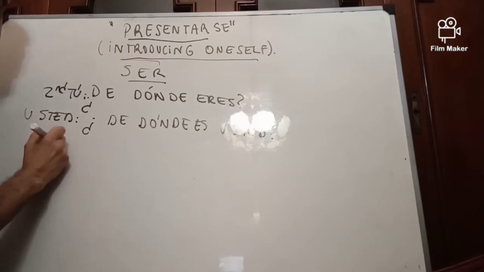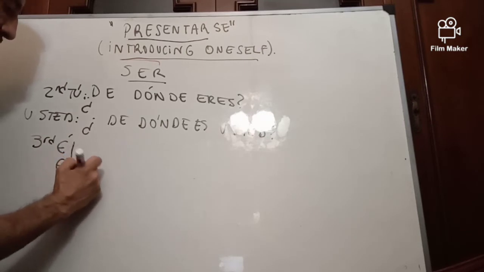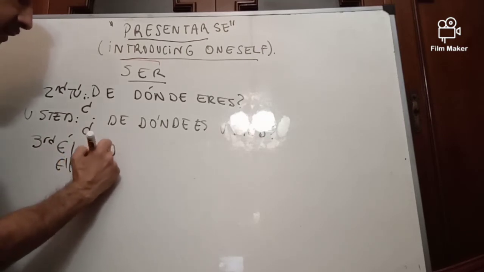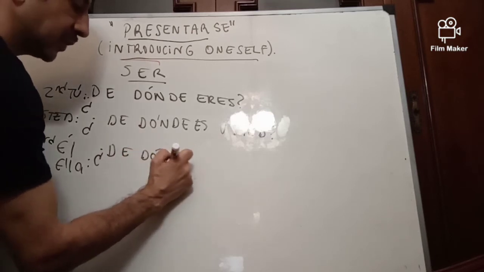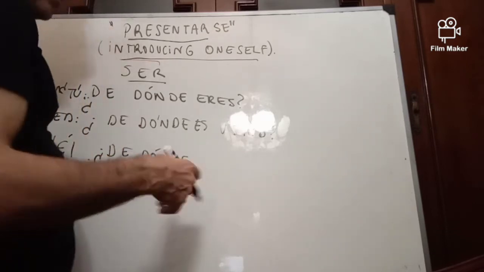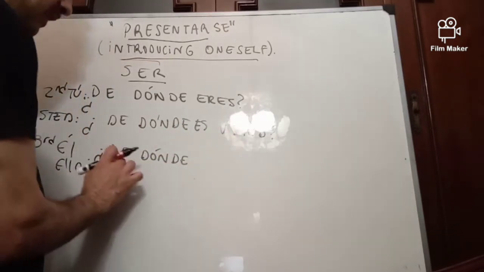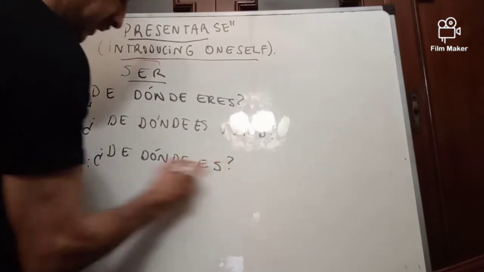For the third person, él, ella, if we are talking about a person who isn't taking part in the dialogue, but we talk about them. Where's she from? Where's he from? ¿De dónde es?